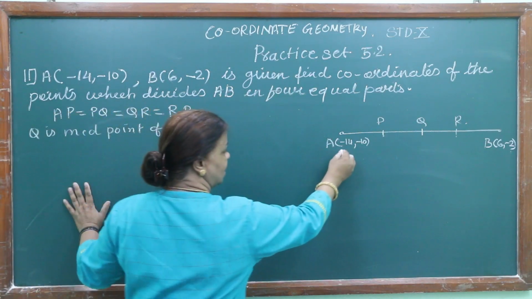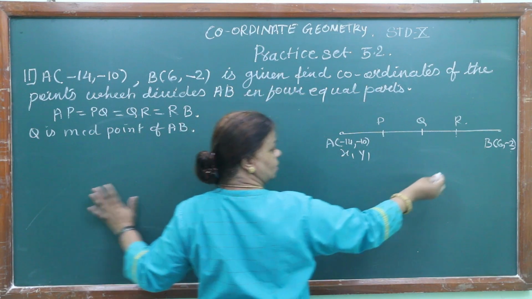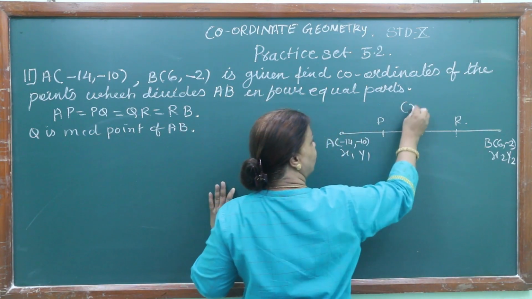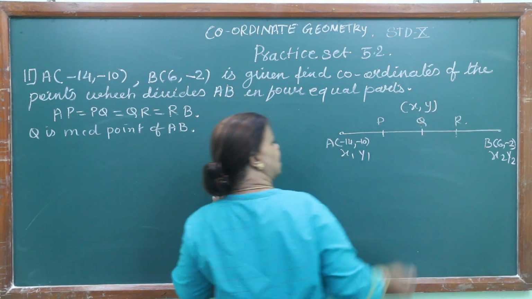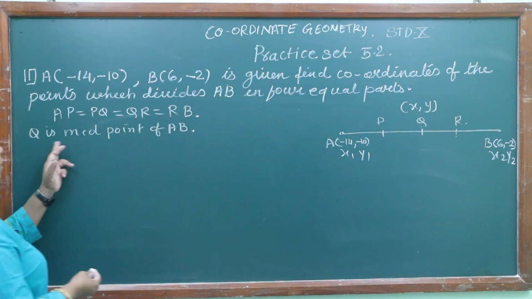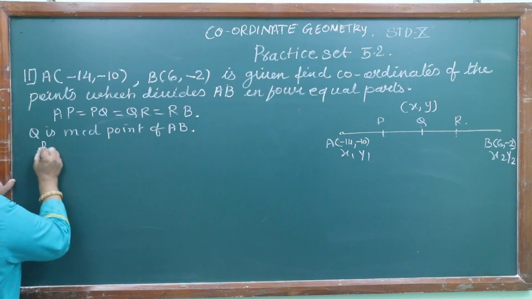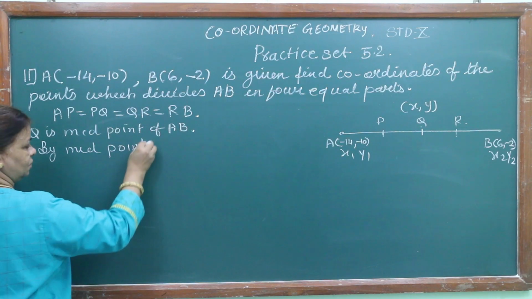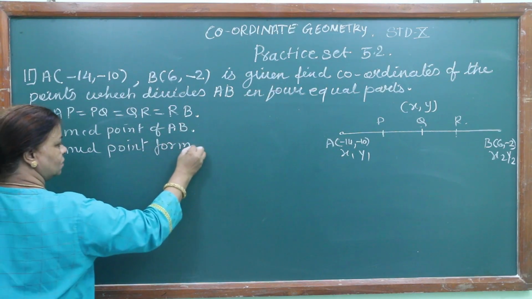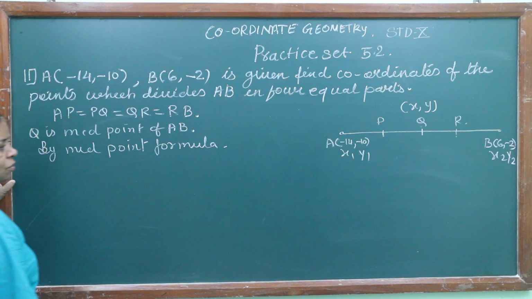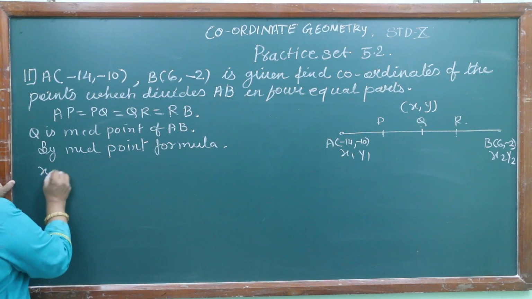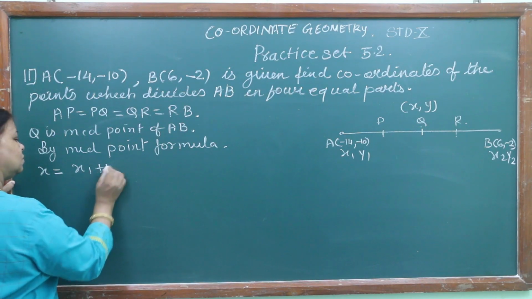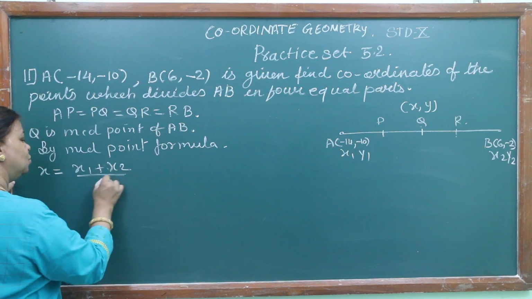Let us take this as x1, y1, and this as x2, y2. We need to find the coordinates of point Q. Let us take it as x, y. As Q is the midpoint, by the midpoint formula, x is equal to x1 plus x2 upon 2.